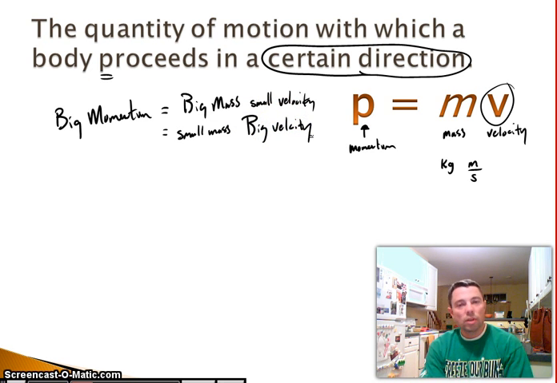And so really it's about the relationship between these variables. If two objects have the same momentum, one could have a really big mass with a very small velocity, and the other could have a really small mass with a really big velocity.